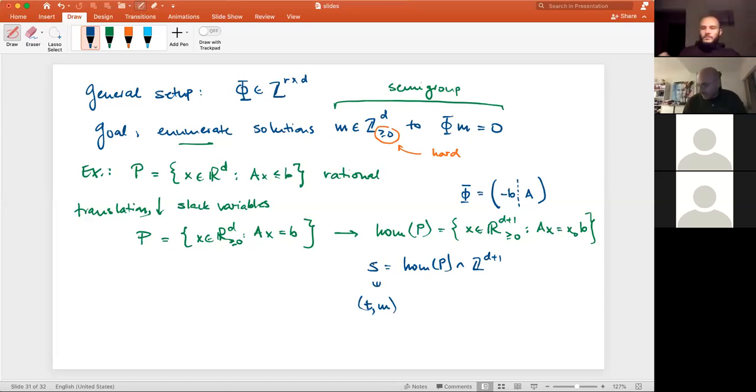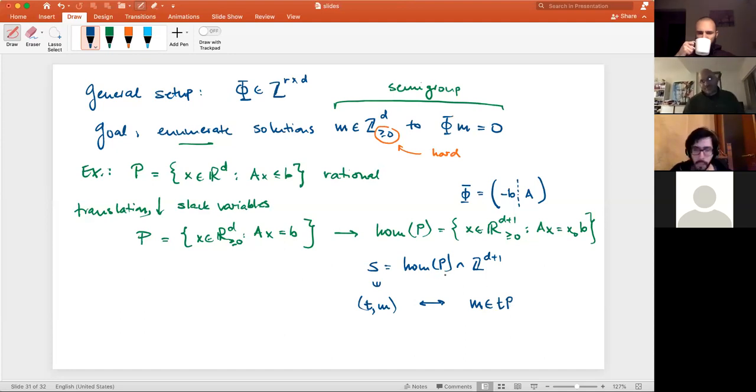If I have an element t comma m, this corresponds to an integer point m in t times P. So I hope this is convincing that this thing here is more general than what we did on Tuesday. This is a good time for questions.